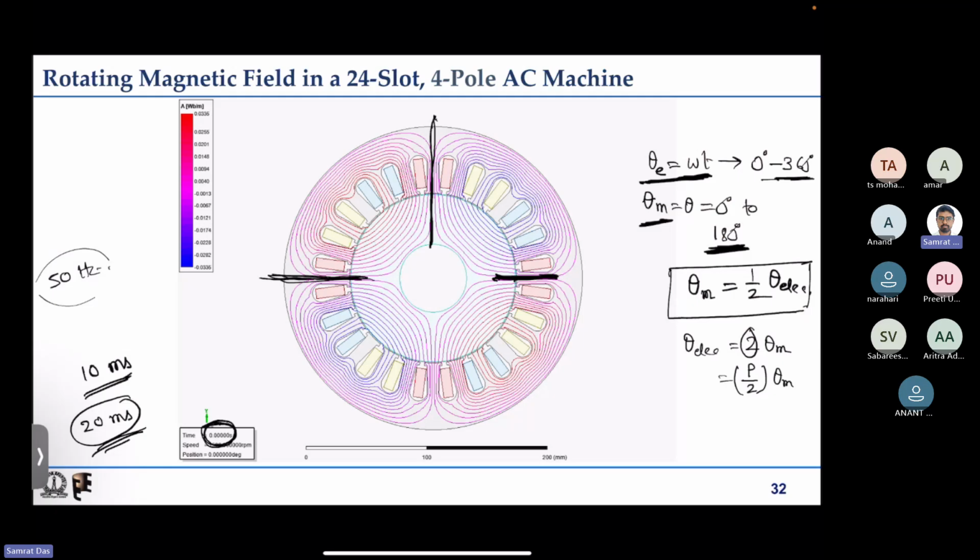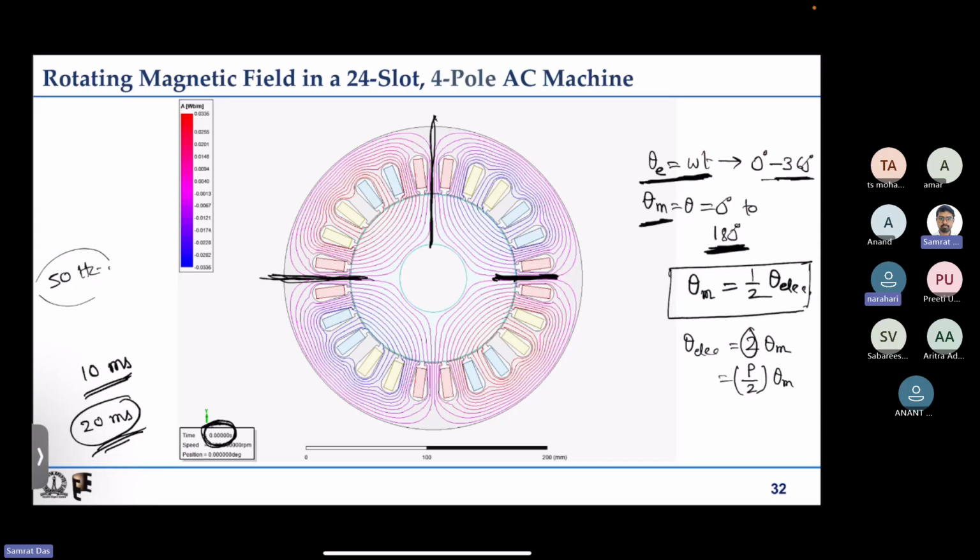If it is an AC machine and your speed is say 3000 rpm with a 50 hertz supply, you have no choice other than going for a 2 pole machine. If you have around 1500 rpm, then you can go for a 4 pole machine. It depends on the machine speed that you want.